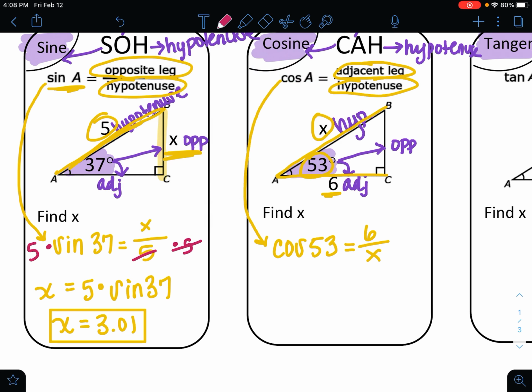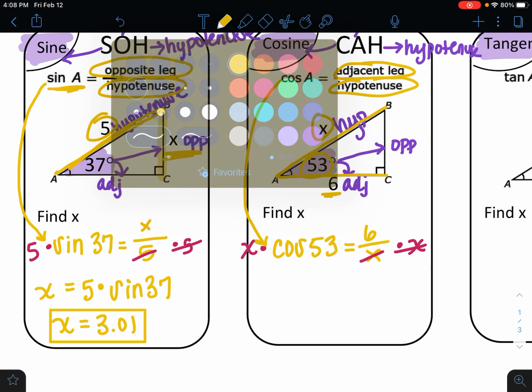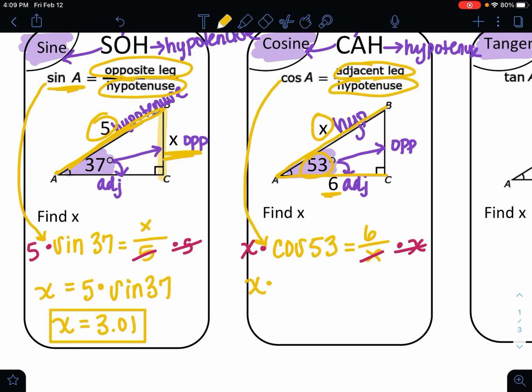I'm going to go through all the steps now, but eventually I'm not going to go through all these steps with you. So we need to multiply both sides by the denominator, which is x in this case, and now x is canceled out. So now we have x times the cosine of 53 equals 6. Well, x is still not by itself, but we can divide both sides by the cosine of 53.